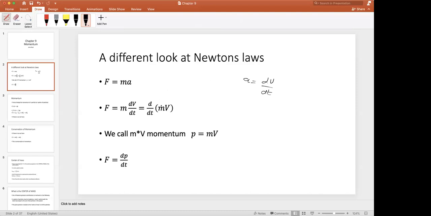We did this last time when we were talking about energy, but we're going to do this a little bit differently now. Assuming that mass is constant, we can always move it into our derivative. And when we do that, we get this product, mass times velocity.